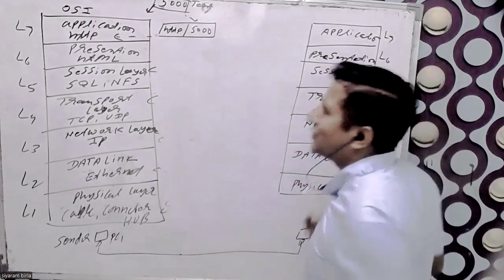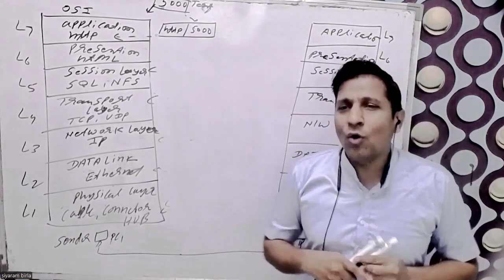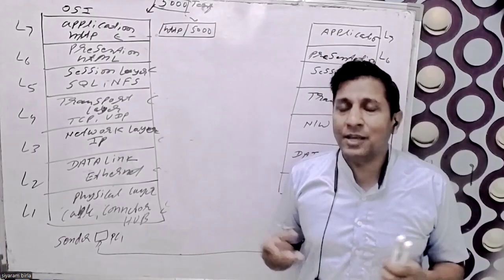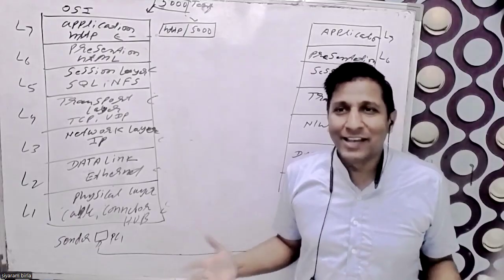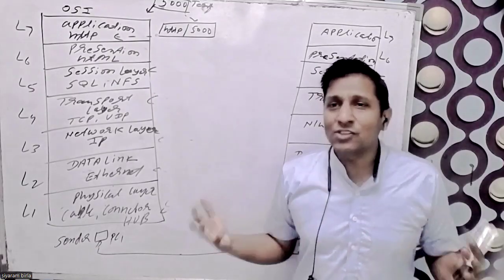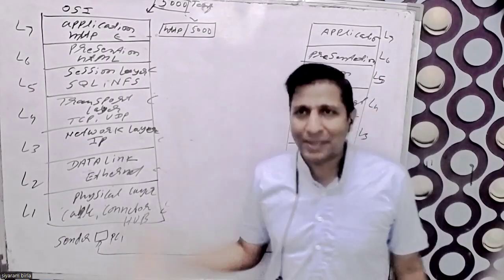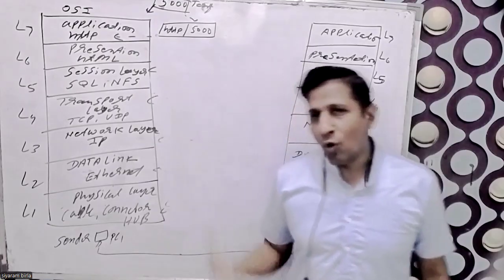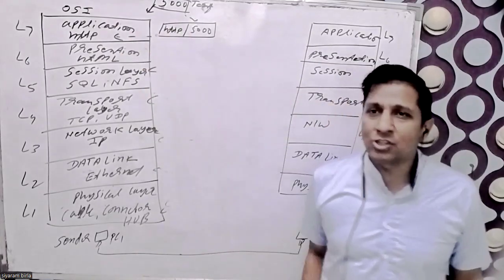By the way, HTTP is not secure, but I will explain HTTPS. There is no separate protocol called HTTPS. HTTP is the protocol, but HTTP takes the service of the SSL layer, and after that its name changes to HTTPS. I'll explain it in later classes, but don't worry about it. Right now HTTP is there.